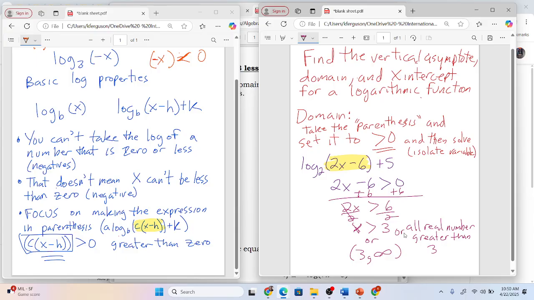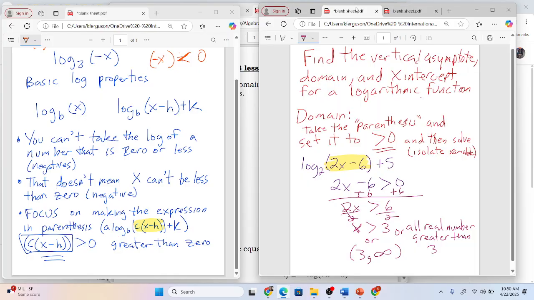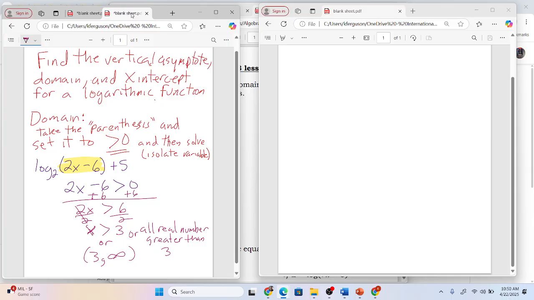Domain is the group of numbers that we're talking about, and those are 3 different ways to describe that group of numbers. All right? That's how we find domain.